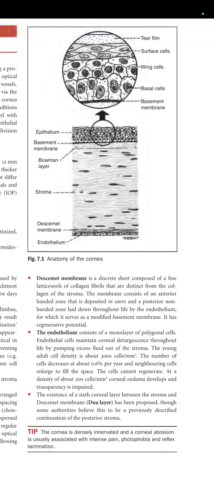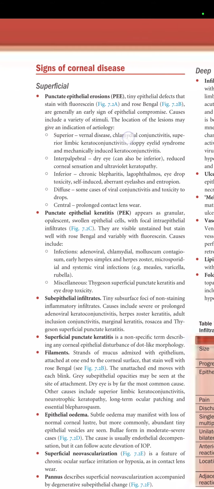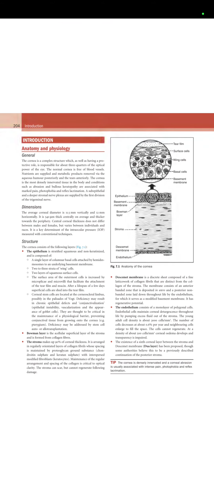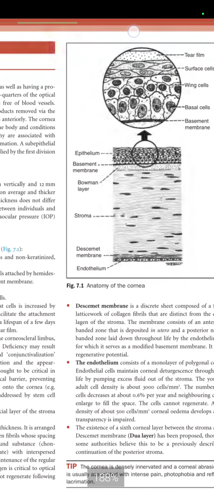It is very important because in young adults the cell density is about 3000 cells per square millimeter, and the number of cells decreases by about 0.6% per year, and neighboring cells enlarge to fill the space. Because they are important in the pumping action, they pump the water out.